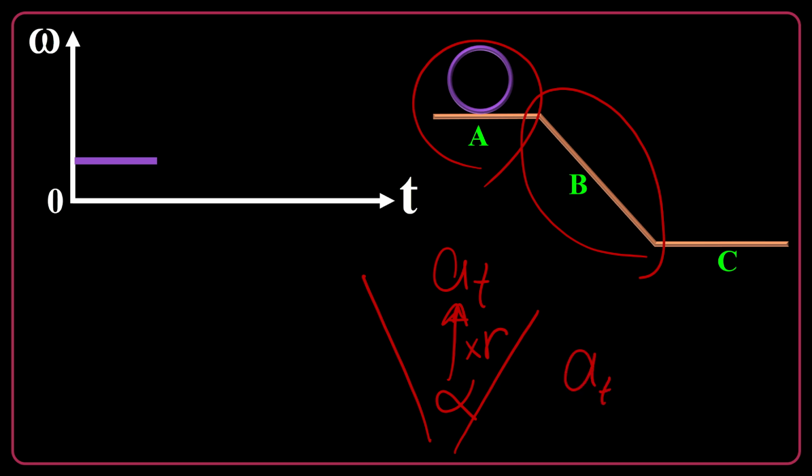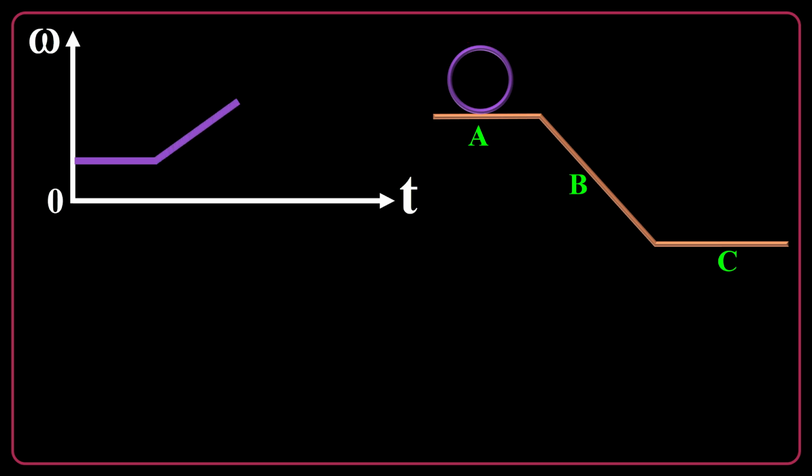So tangential acceleration is radius times alpha, according to the map. Here, the radius of the hoop is constant. So if we have constant acceleration on the ramp, we have constant angular acceleration on the ramp. So angular acceleration will be constant, omega will rise, the slope is constant to something larger. And then again constant on the horizontal part C.